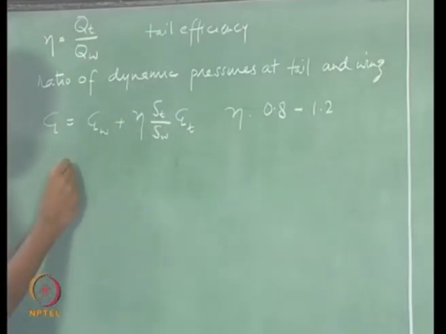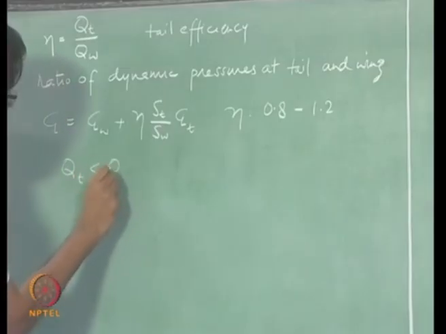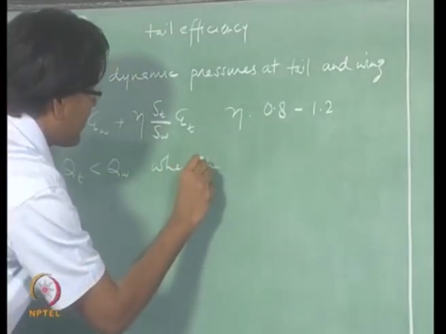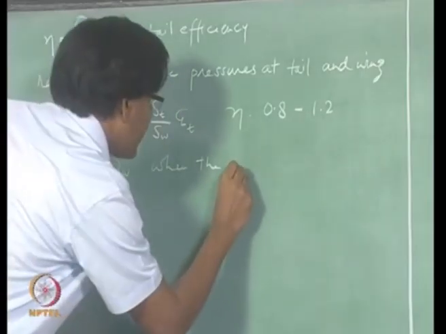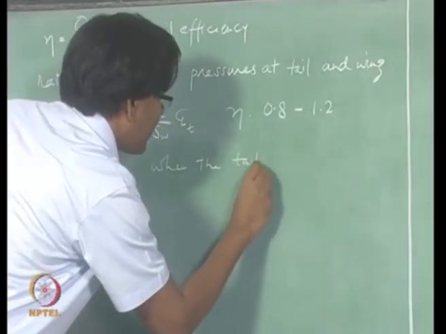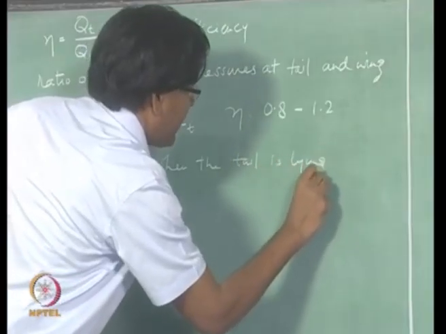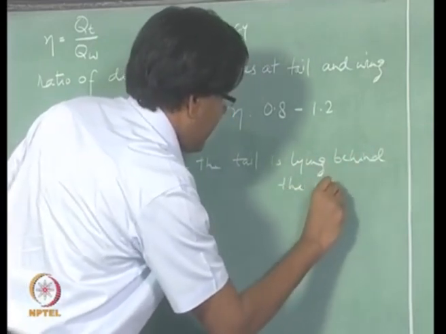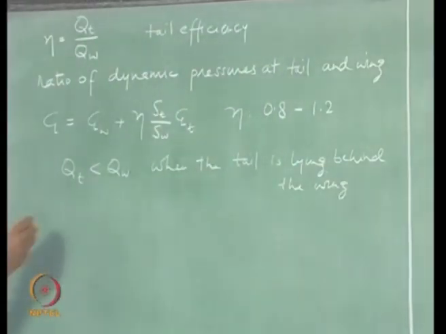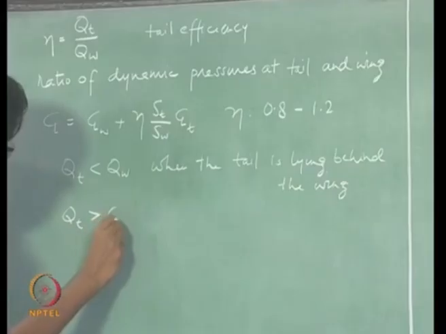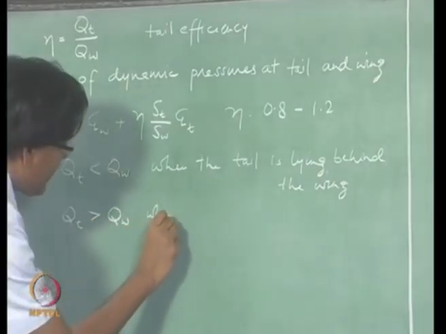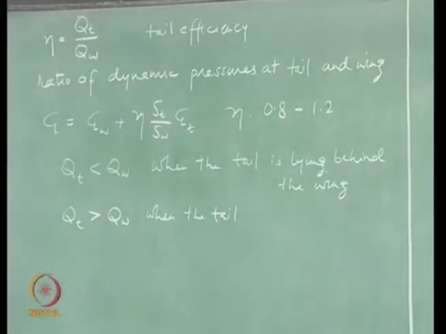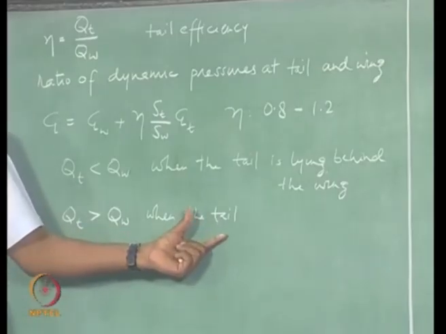Okay. So, Qt is less than Qw, right. Okay, you will not call it a tail, right, in that case.